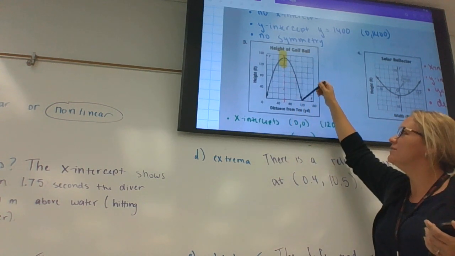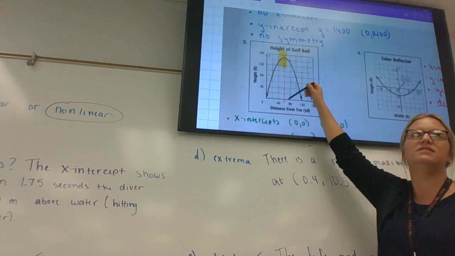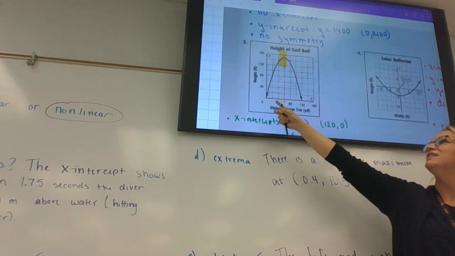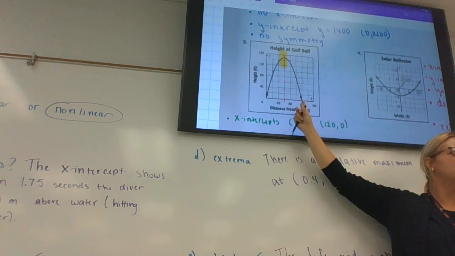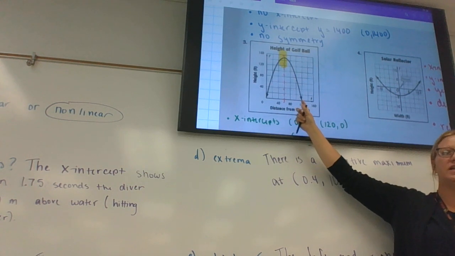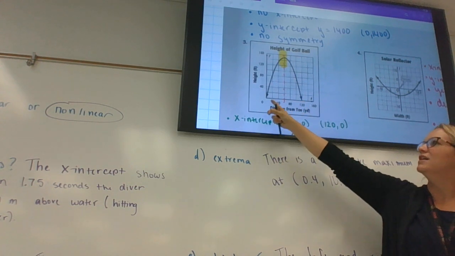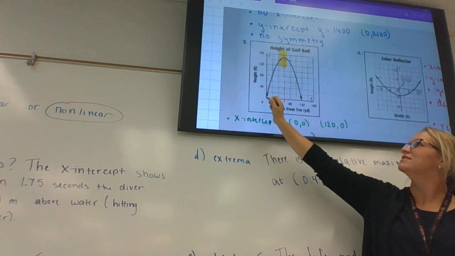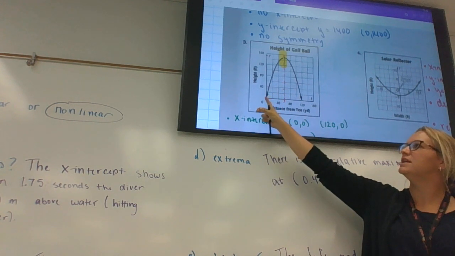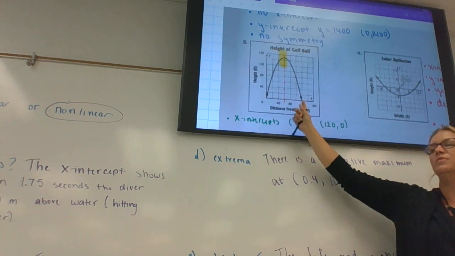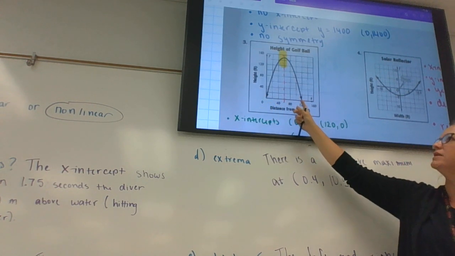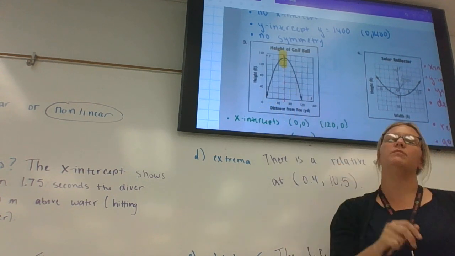What is the height of the ball right here? 0. At 120 yards, the ball is back down at 0 feet. So at 0 yards from the tee, I'm at 0 height. At 120 yards from the tee, I'm at 0 height, and in the middle, I'm up at 140.